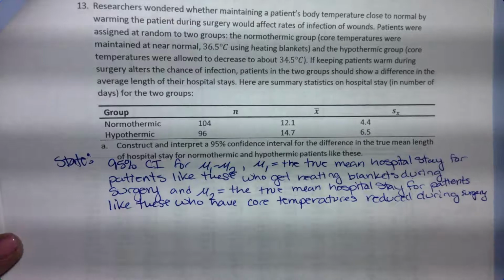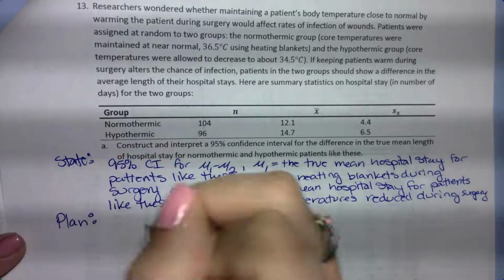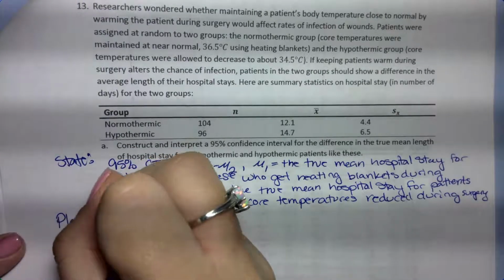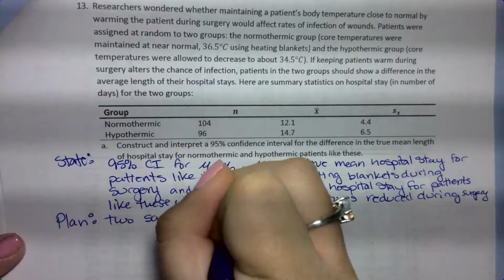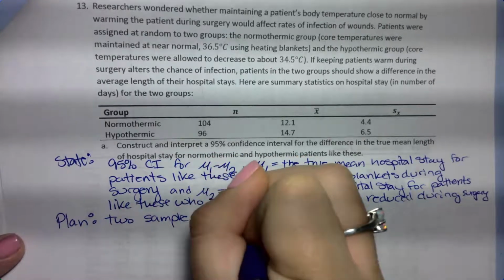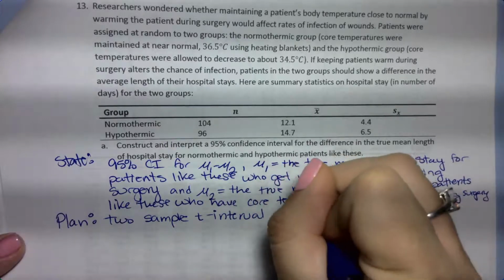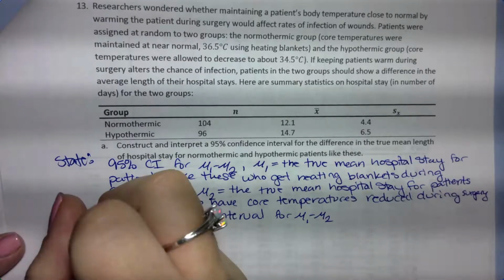Okay. Then the next thing I want to do is write my plan. So it's going to be a 2-sample t interval for my difference in means. And then I need to check that it's random.